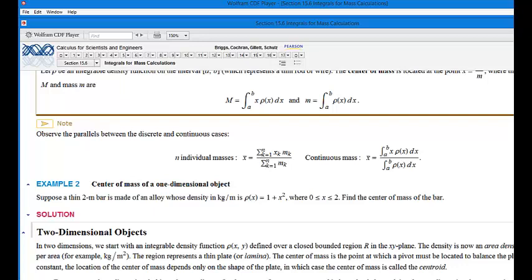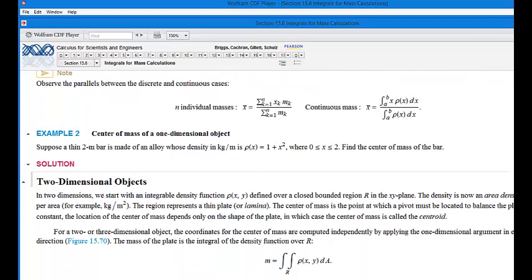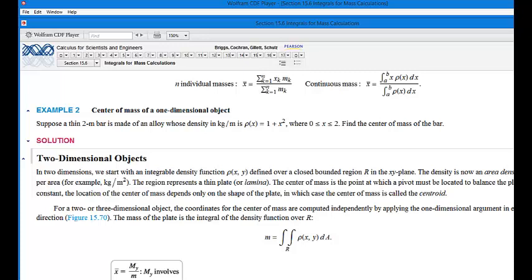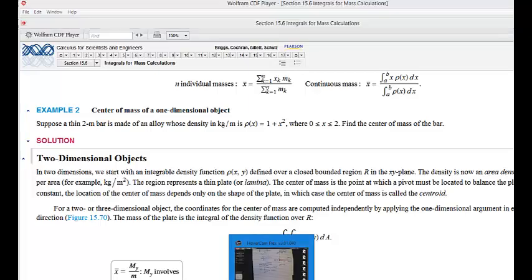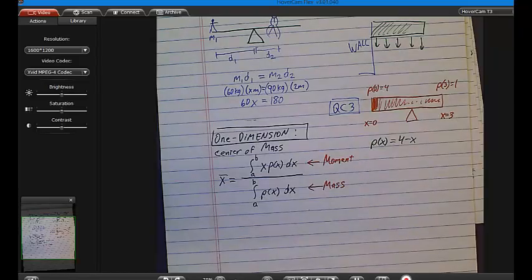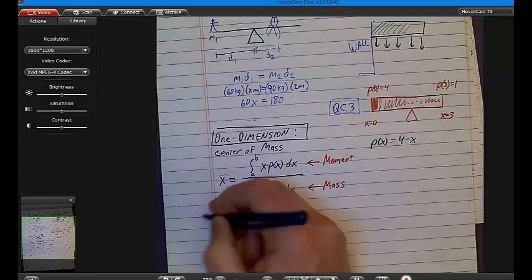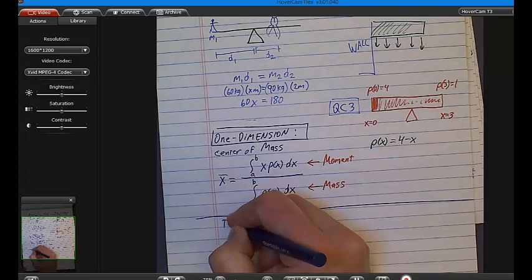2 dimensions. In 2 dimensions, we imagine the piece of paper, the lamina, the thin plate. I want to jot that down for you guys so that you think about that.